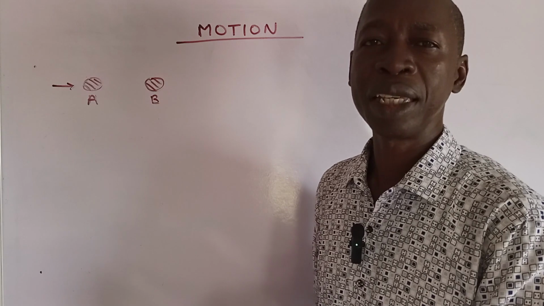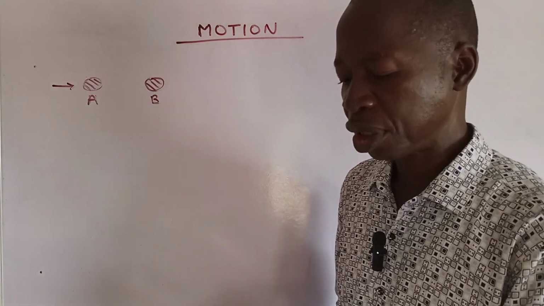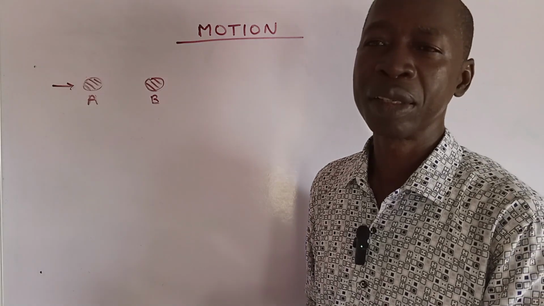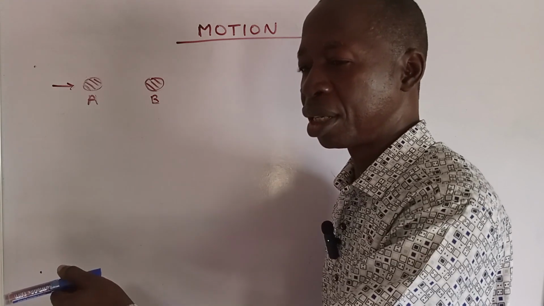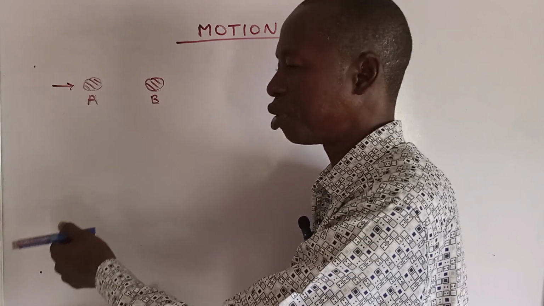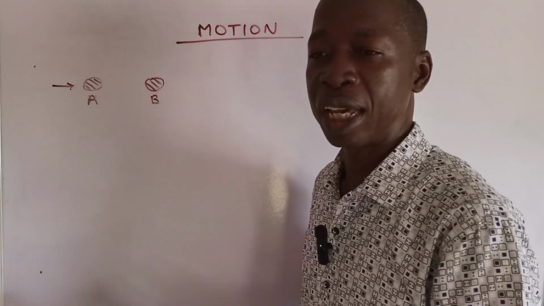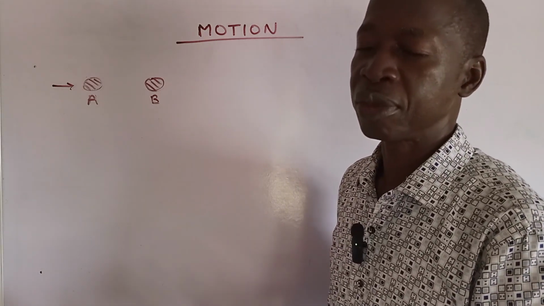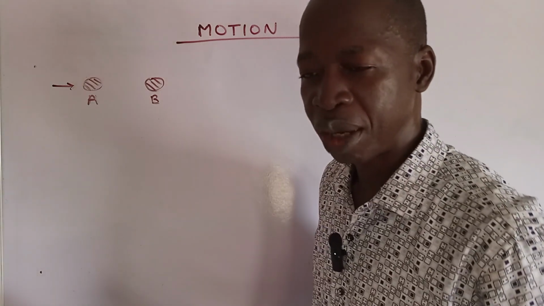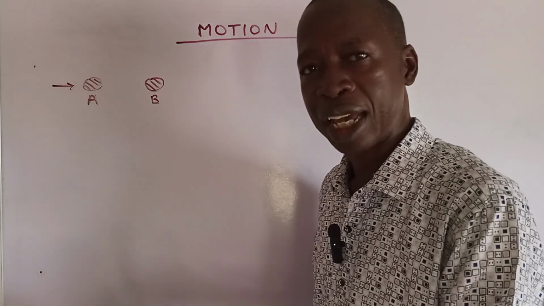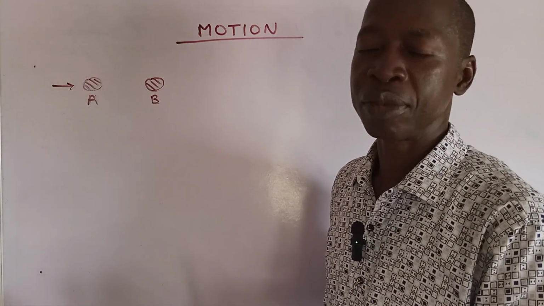So what exactly is linear motion? Linear motion is the motion which follows a straight path. Any motion where the object, in moving from one position to another, undergoes a straight path, we call that a linear motion. So if a car is moving along a straight road from one point to another, that car at that instant is undergoing linear motion.